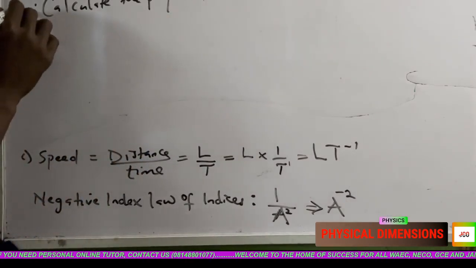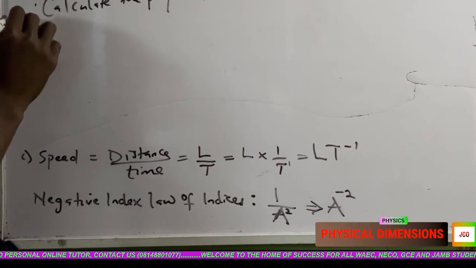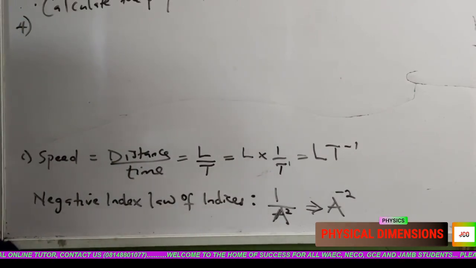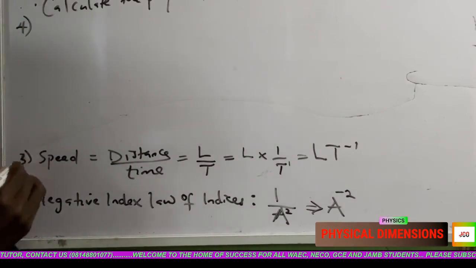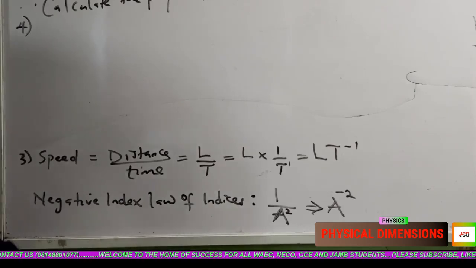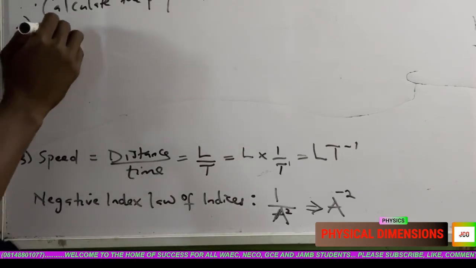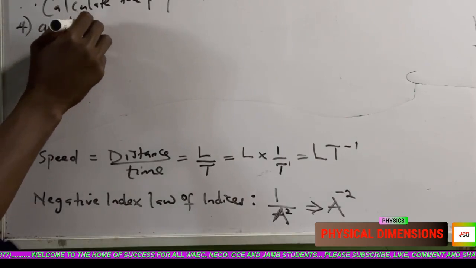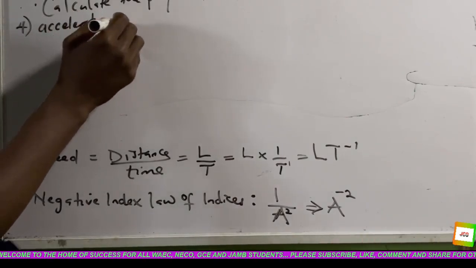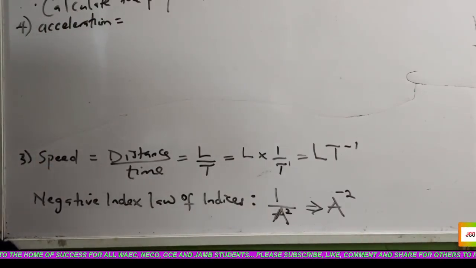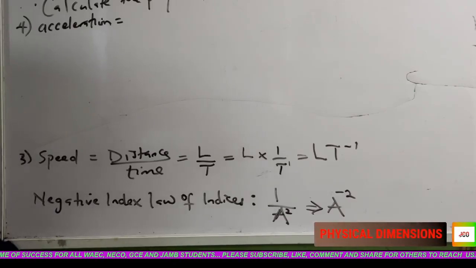So we're going to number 4. Number 4 now, we want to calculate the physical dimension of acceleration. So we need to recall what our formula for acceleration is.